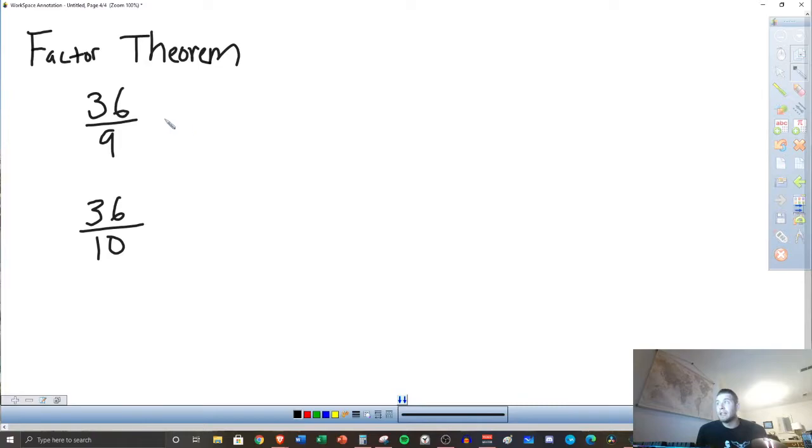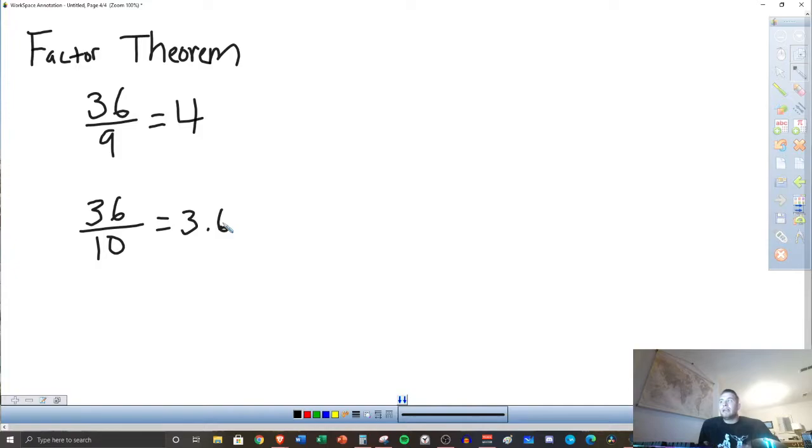I know that 36 divided by 9 is an even 4, and if I do 36 divided by 10, it's 3.6, okay? And it has that 0.6 remainder within it. So 3 remainder 6, essentially.